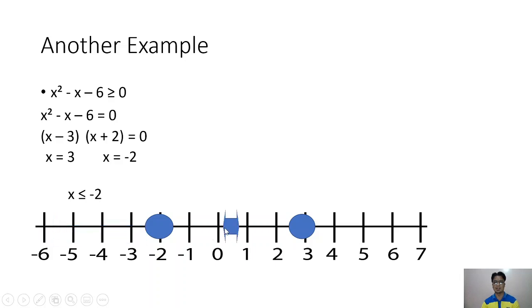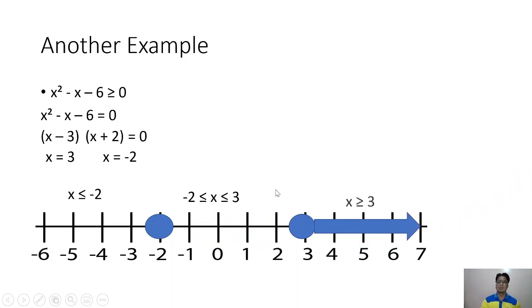Sa pangalawa natin, ang values nating makukuha is x is greater than or equal to negative 2, pero mas maliit siya, less than or equal to positive 3 sa gitna. And last region natin, the value will be x greater than or equal to 3. Papunta na tayo dun sa kabila.